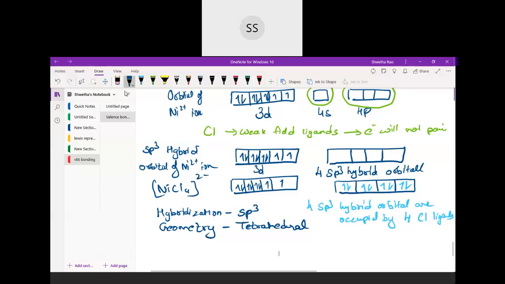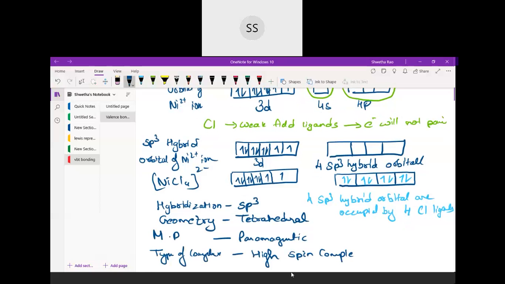So the magnetic property is paramagnetic in nature. And the last is the type of complex. There is no d orbital involved, but you can talk about high spin or low spin. These are high spin complexes, because there are more unpaired electrons. So that's it. It's very easy.